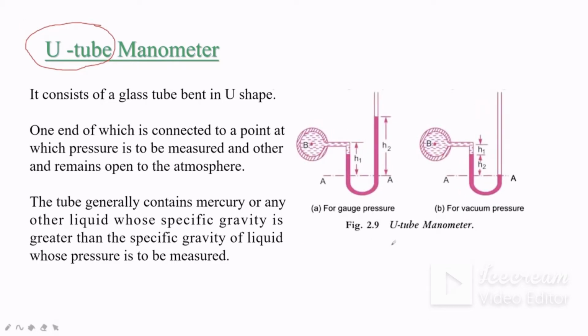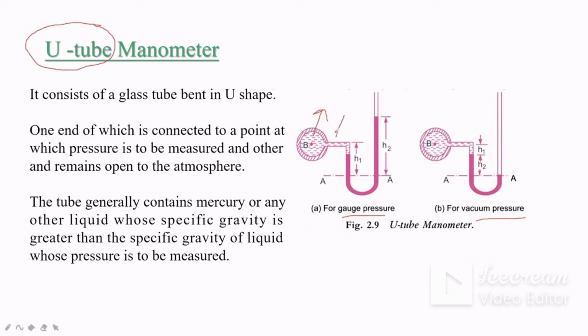For gauge pressure and for vacuum pressure, you will get to know what is gauge pressure and when you should use vacuum pressure. So this is the system where the pressure is to be known. This is the cross section of a pipe. If you want to know the pressure inside this pipe, what do we have to do?